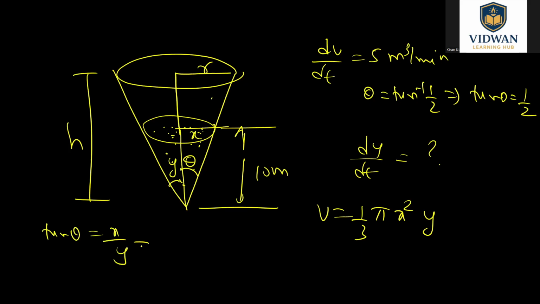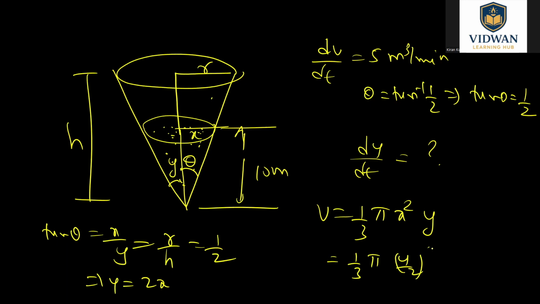And from the big right angle triangle, tan theta is R by H. These two are equal, each is equal to half. So that means x by y is equal to half, y is 2x, or x is y by 2. So better I'll change the x value, write y by 2.